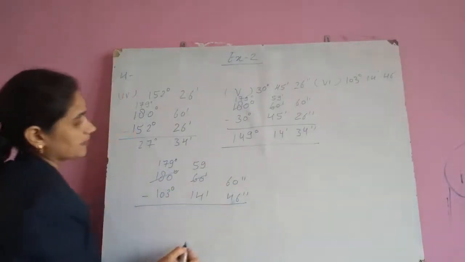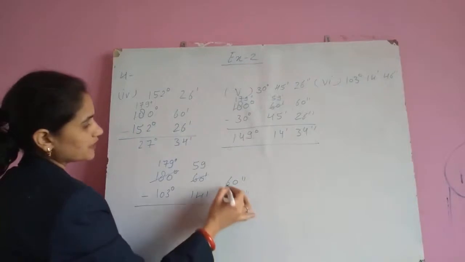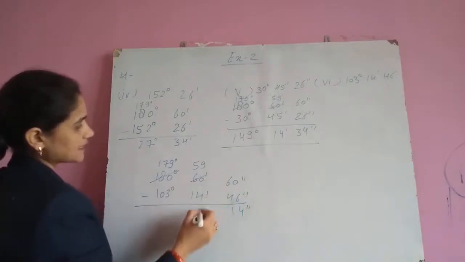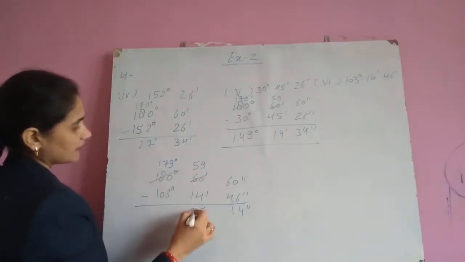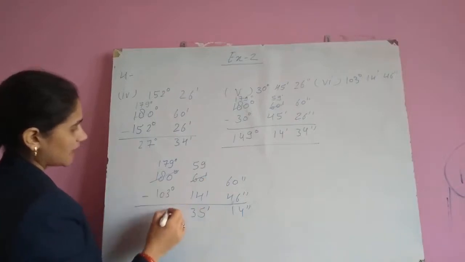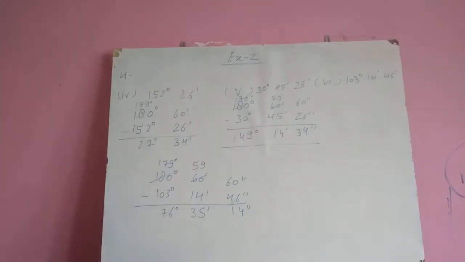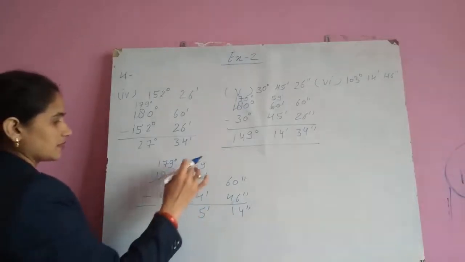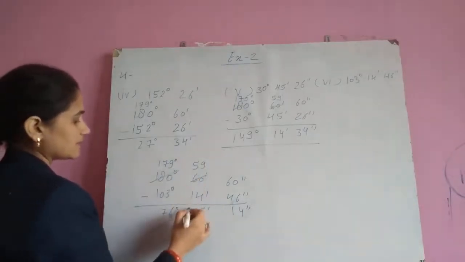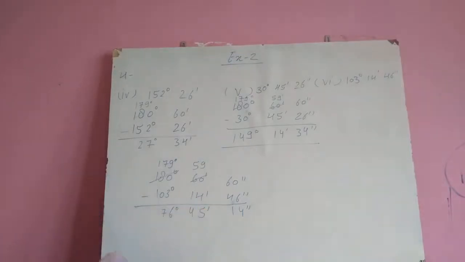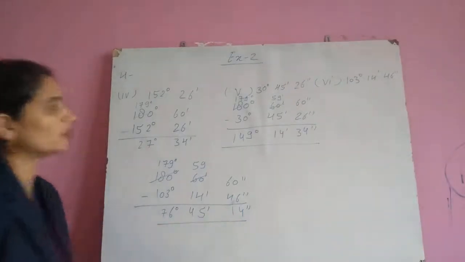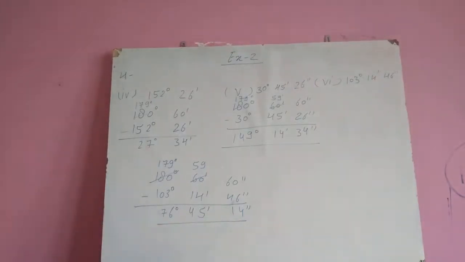We have to subtract. 10 minus 6, 4. 14 seconds. 5 and here 35 minutes and 76 degree. 45 is here. 9 minus 4, 5. 5 minus 1, 45 minutes, 14 seconds. Okay, students? Like this you will solve the starting parts.